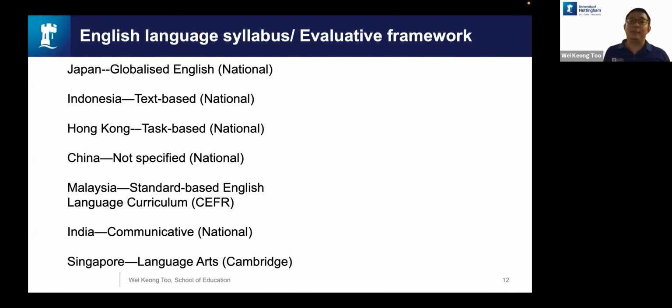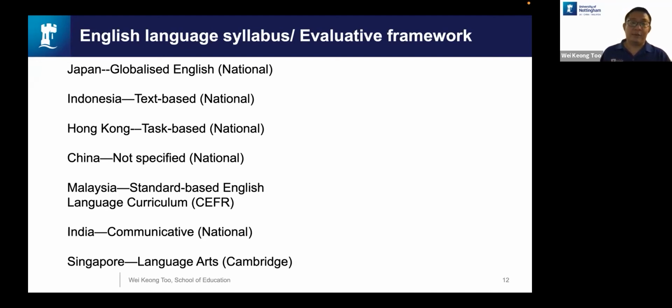Okay, China. In terms of English syllabus, they don't have a specific syllabus. They believe in post methodology and in an eclectic way of teaching, which allows the teachers to have a free hand to choose whichever way to help the learners to learn.